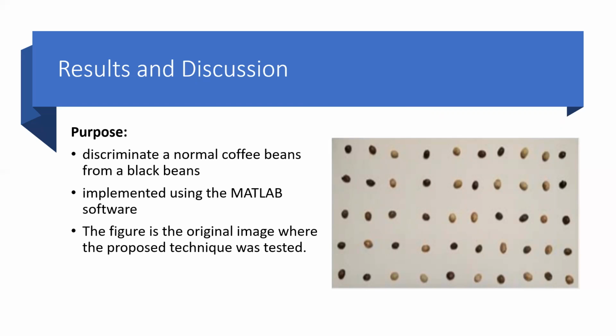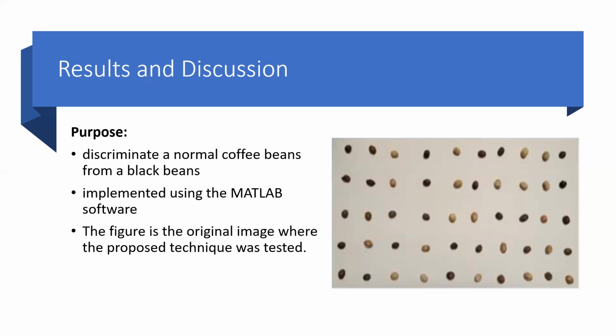The strength of this technique is the training process wherein the RGB values and minimum area of filled holes of normal beans were extracted. This technique was trained using 70 normal beans and 50 black beans and tested using a test sample of 35 normal beans and 25 black beans.